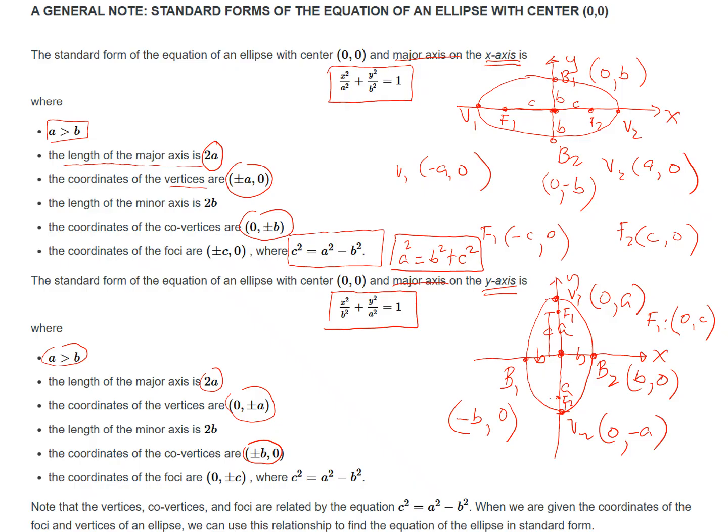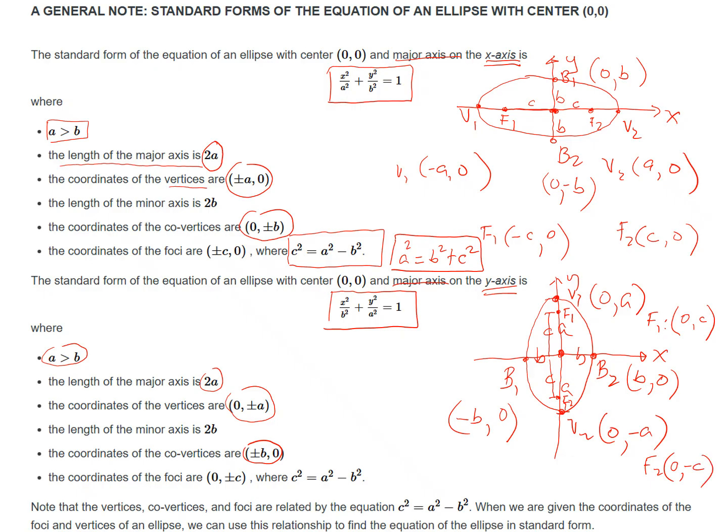For F2, the point also lies on the y-axis, so the abscissa is 0, but the ordinate, since this is below the x-axis, is minus c.